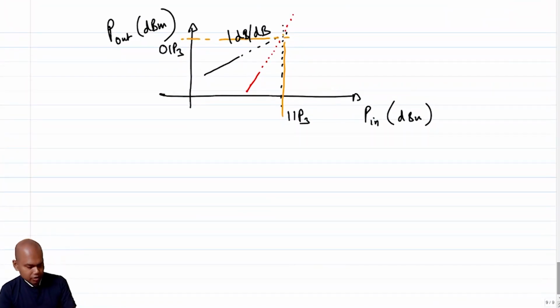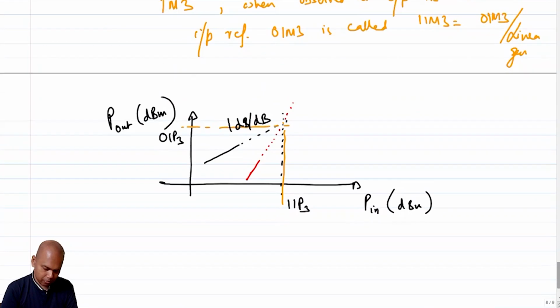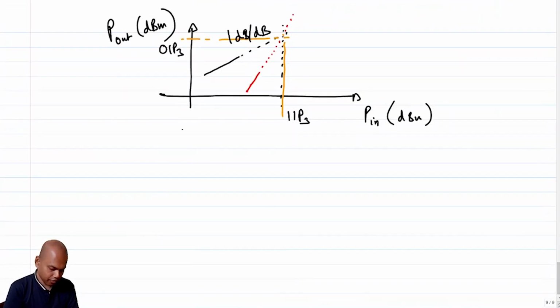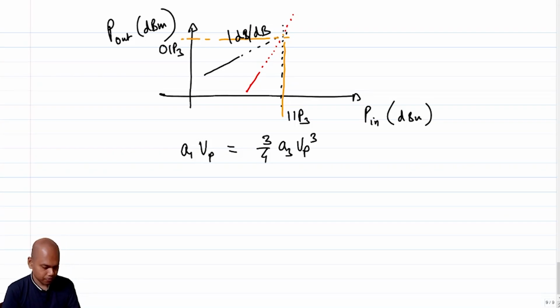Okay, fine. So like before, we would like to understand what is the relation between this A1, A3 and IIP3. So like before, your fundamental is A1 VP, and your OIM3 term is 3 by 4 A3 VP cube, right?